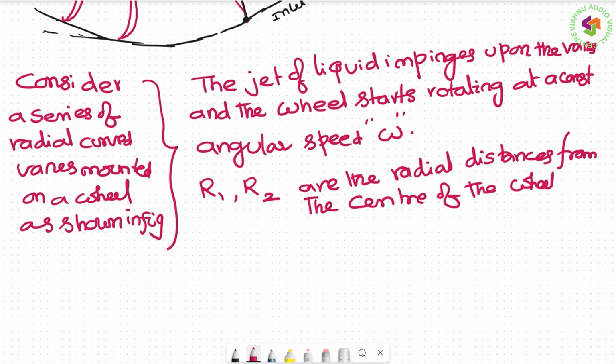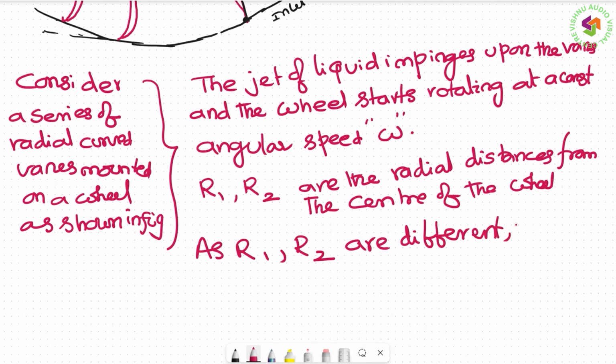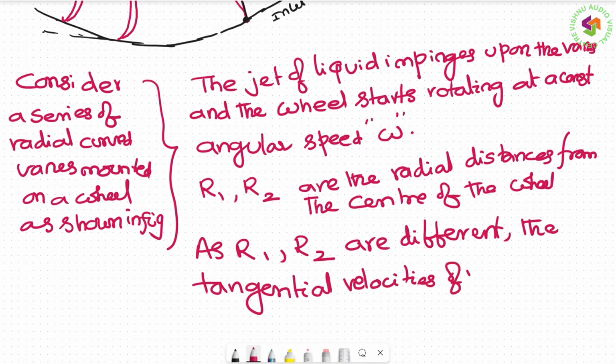As R1 and R2 are different, the tangential velocities of the vane at inlet and outlet are different.